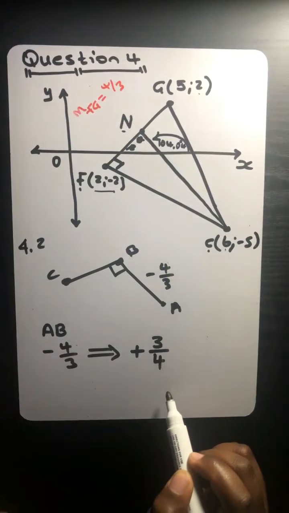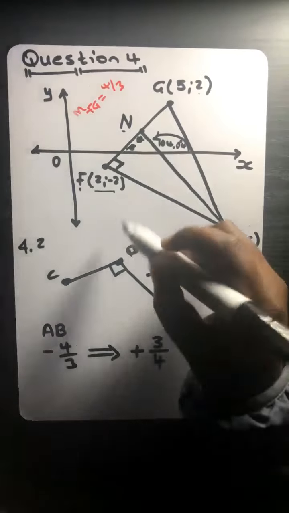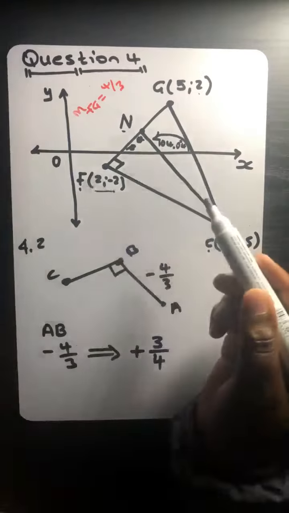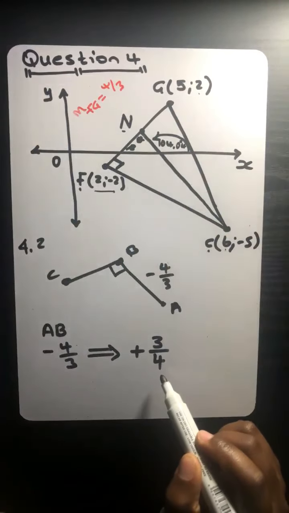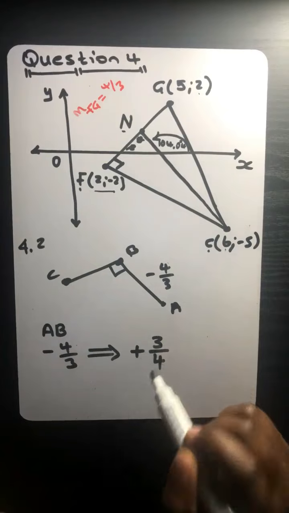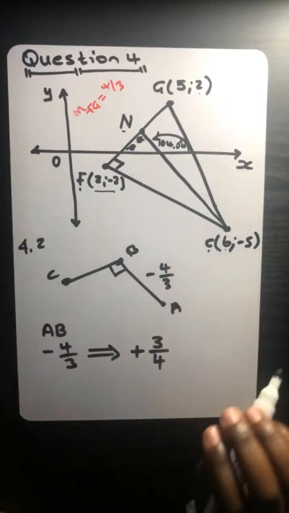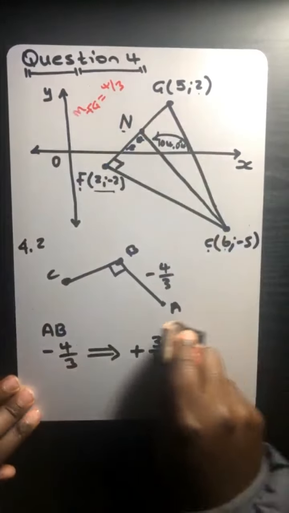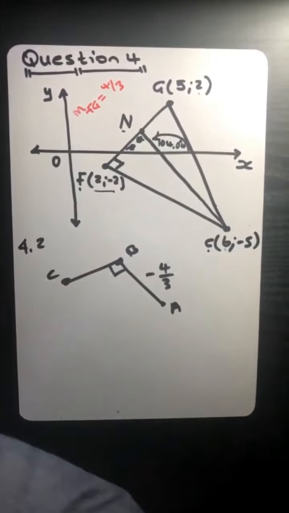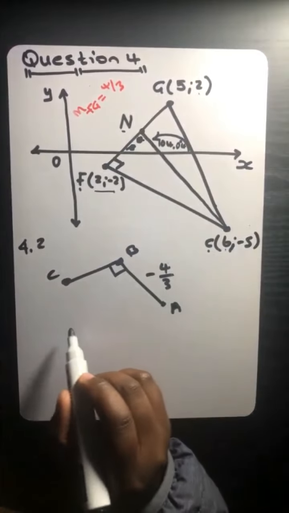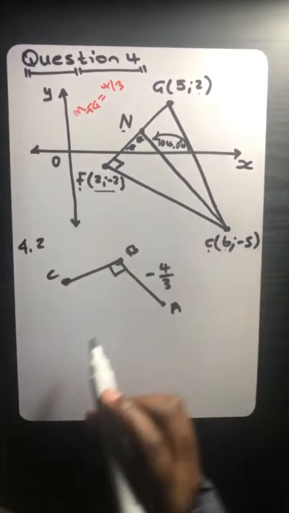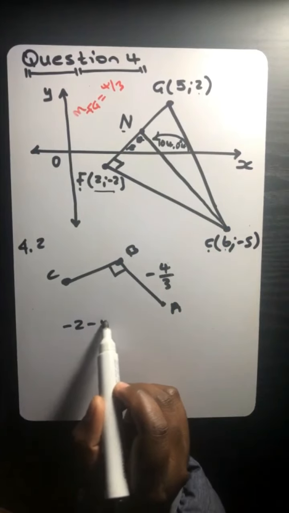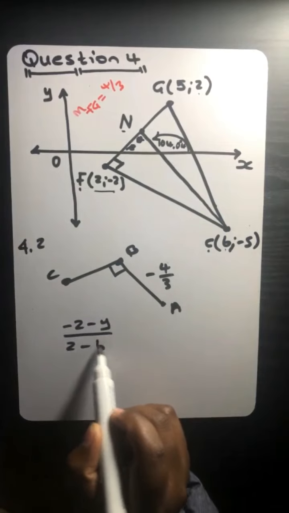3/4. So I'm just saying, guys, if you have a line and you know the gradient, that means the gradient of the other line perpendicular to that one is going to be exactly that, but you swap the denominator with the numerator and write it in the opposite sign. Just like with that one over there, straight away, what I mean is that you could have said that minus that, which we knew was -2 minus y over 2 minus 6.